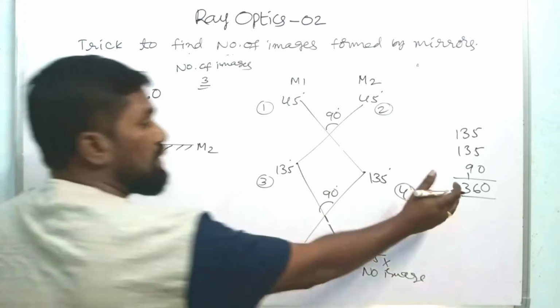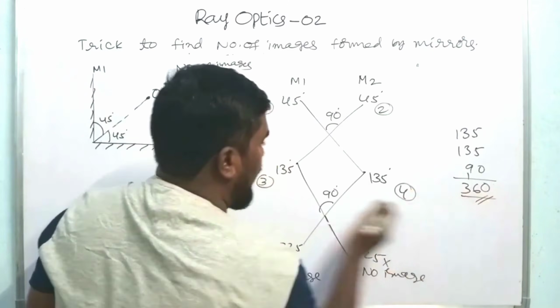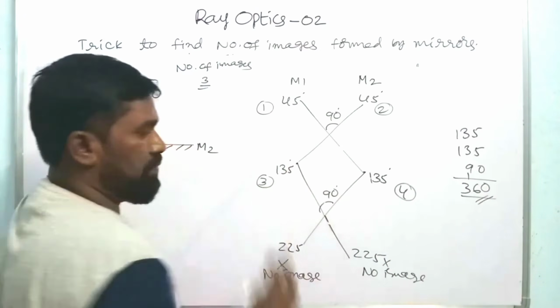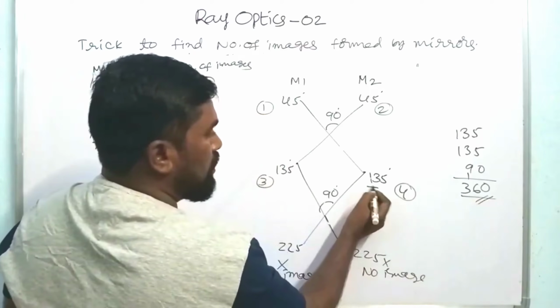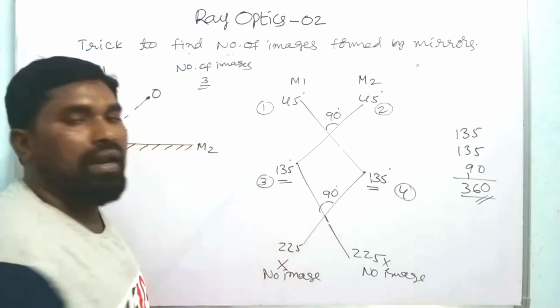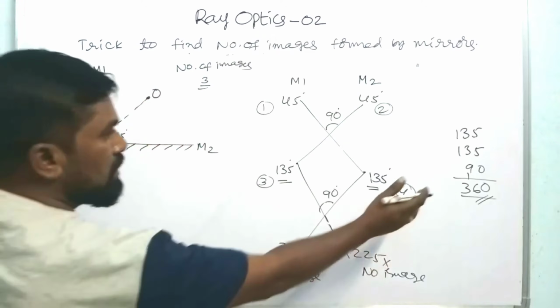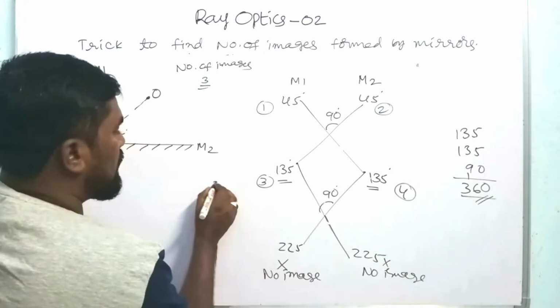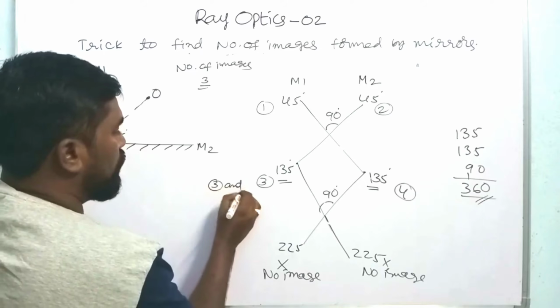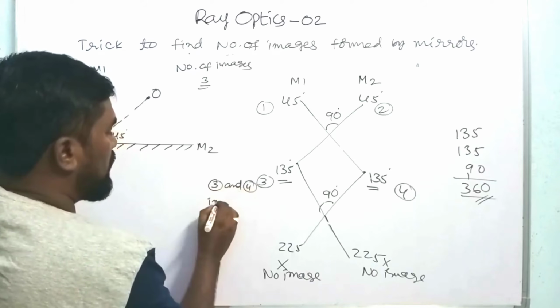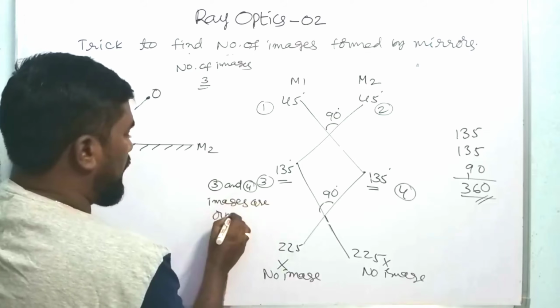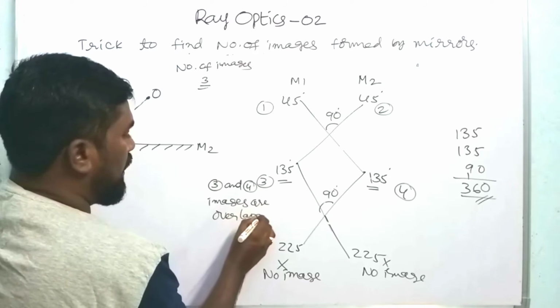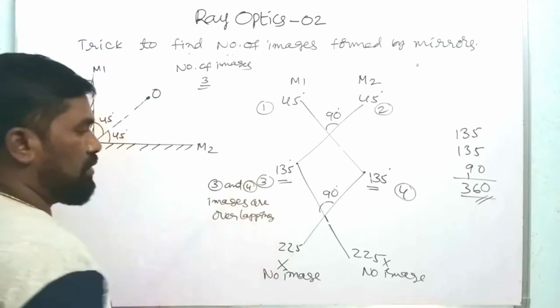If the total angle of this one, this one and this one is 360 degrees, then this image and this image will overlap each other. If it is 360 degrees, the 3rd and 4th images overlap and form one image.